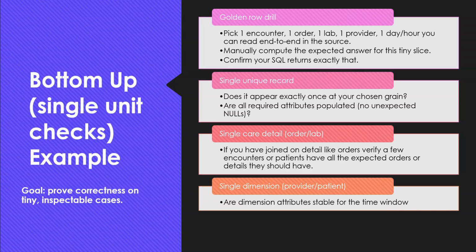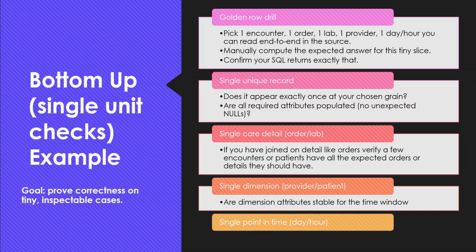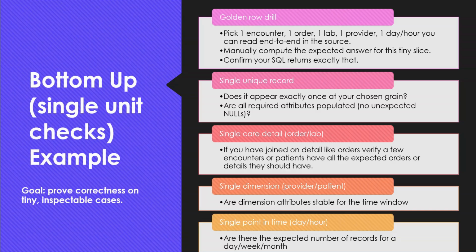We can go and look at a single dimension within it, if that's relevant, something like one provider or one patient, all elements of the same thing, a single, right? Single unit, single care detail, or single dimension, or a single point in time.